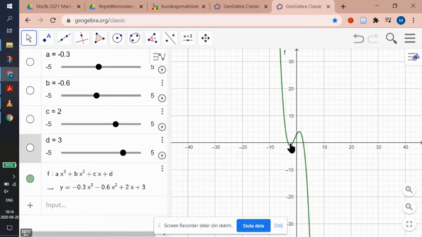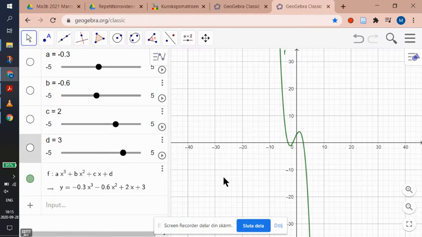So we see that there are 3 zeros here. 2 of the zeros are when x is less than 0, and 1 of the zeros is when x is greater than 0. And we recall also from a previous lesson that when we have a degree 3 polynomial, then the maximum number of zeros is 3 for the function. Okay, and we see we have 3 zeros here.